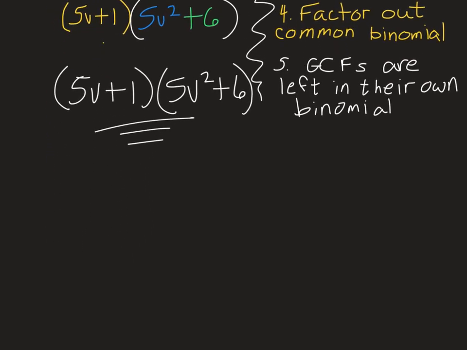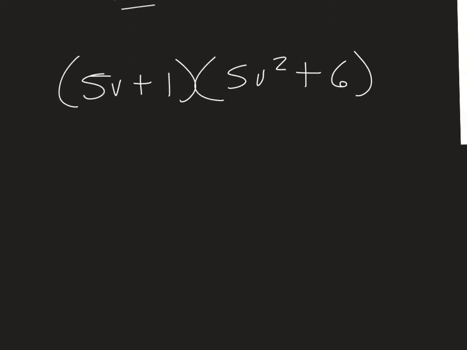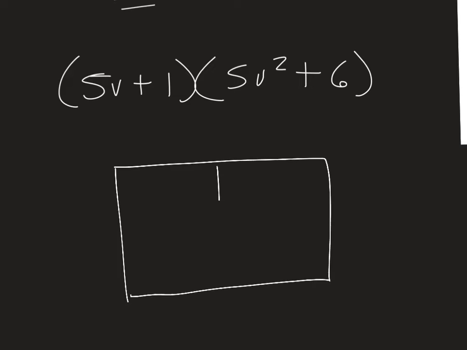As an added step, you can always go back and double check and make sure that your answer is correct. And you can do that by taking the factored form that you get, and doing our box method that we learned how to do some time ago, where you're going to go back and multiply these two together.